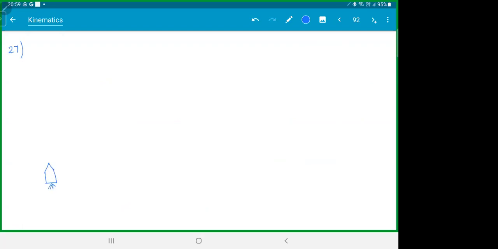Let's say we have a rocket here. Initial speed is 0. Acceleration is 2t, where t is time. Acceleration is not constant. The engine shuts down at 10 seconds.